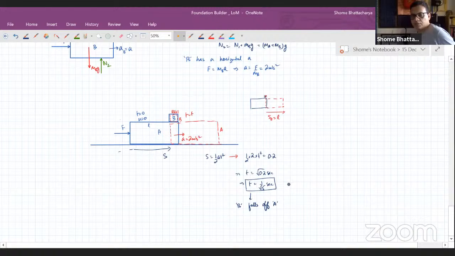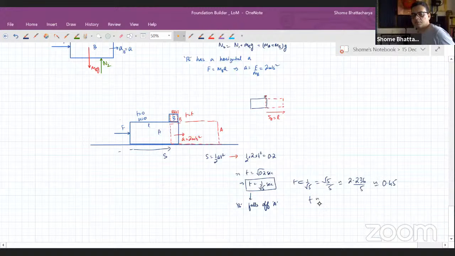Okay, so if you calculate this, 1 by root 5 we can write as root 5 by 5, which you can write as approximately 2.23 by 5, so that becomes approximately 0.45.